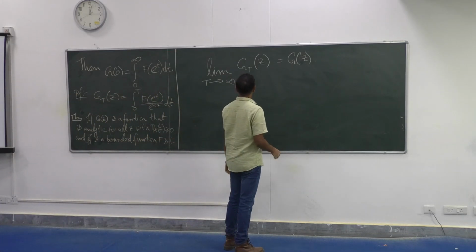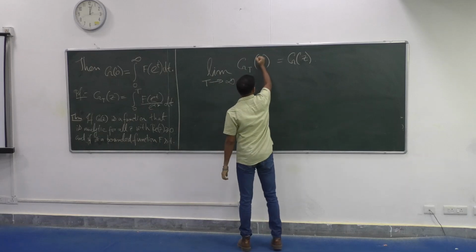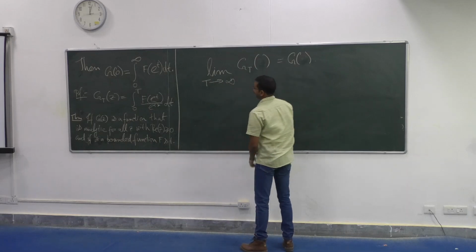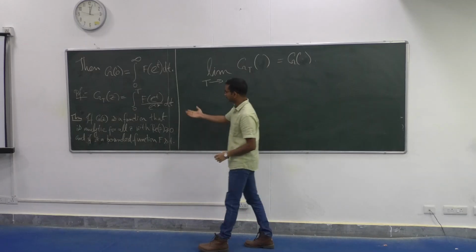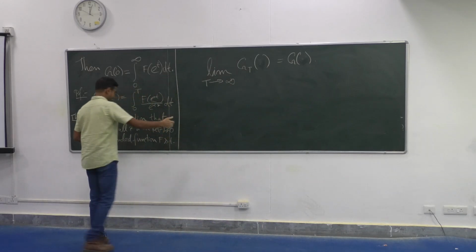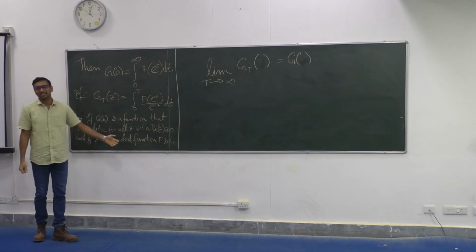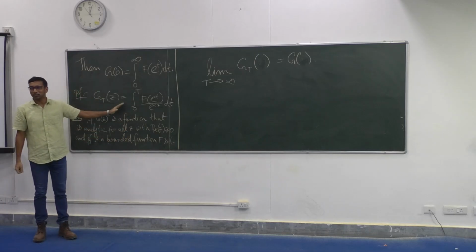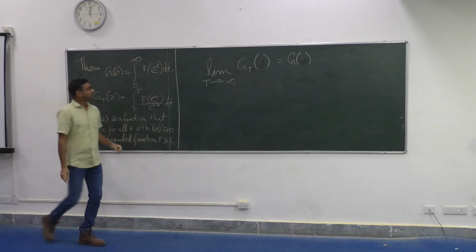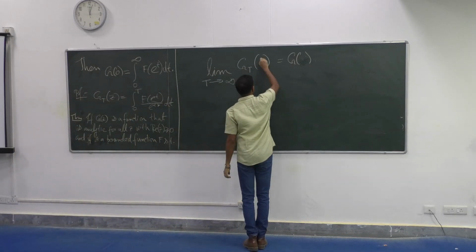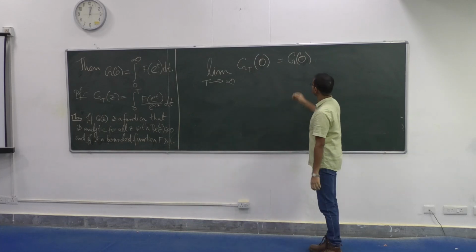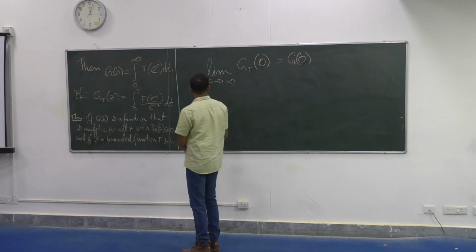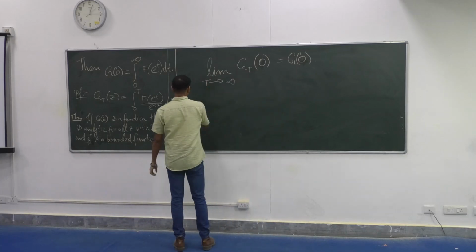Wait a minute, no, we are trying to show this. Because at any other place, where the real part of z is greater than 0, both the functions are analytic, so we don't have any problem. But at this point, we have to get this. That is, the limit at 0 of g_t is where g0 will be. How should we proceed with this?